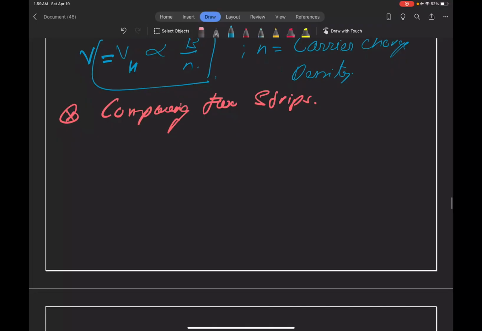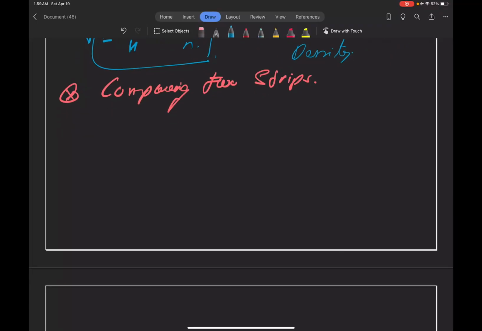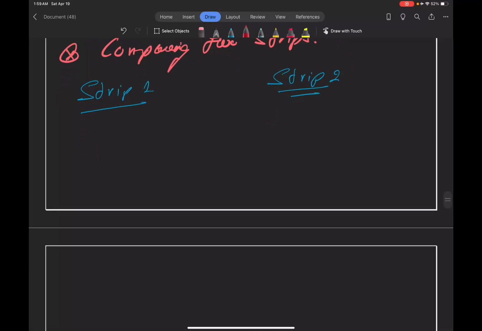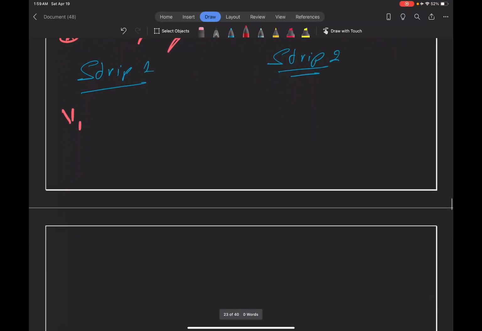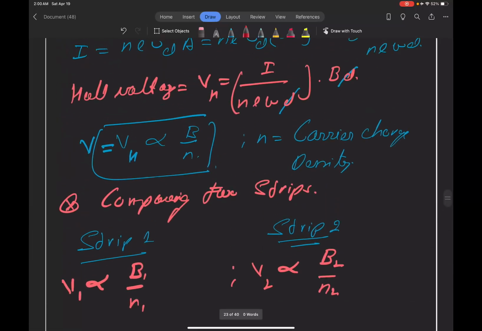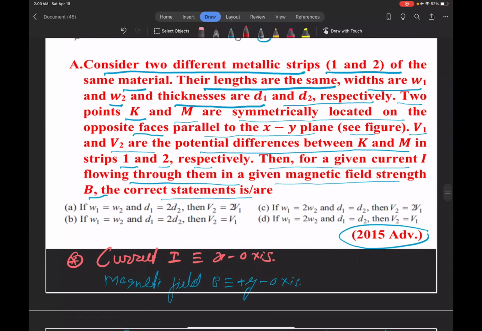And for two strips we have strip 1 and then we have strip 2. For strip 1 we can write our V1, which will be directly proportional to B1 upon n1. Then we have V2 proportional to B2 upon n2, because in this question it is given that we have different thickness and different width. You can say V1 and V2 are the potential differences.